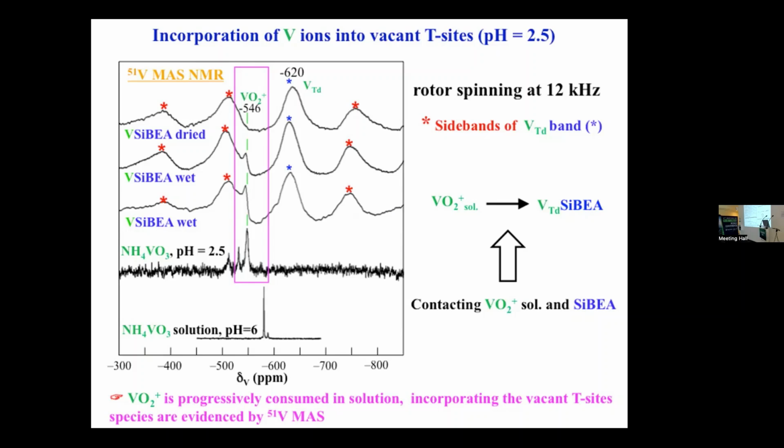This VO2+ disappears, and you can observe this by NMR, with formation of a new band. This band is here. This is a band characteristic of tetrahedral vanadium species. Okay, so this confirms that the reaction between the precursor and Si-beta takes place with formation of tetrahedral vanadium species.